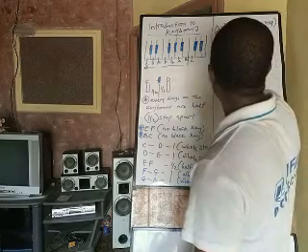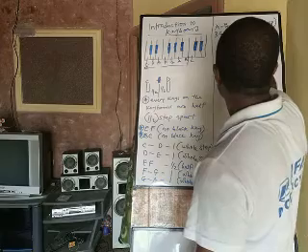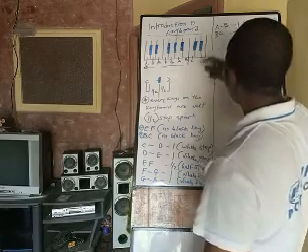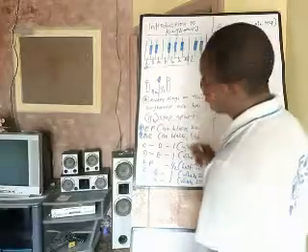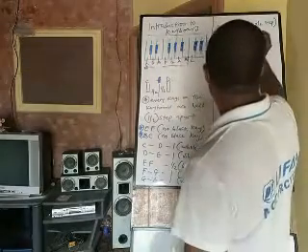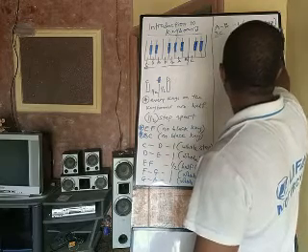Between B and C is what? Half step. Why? Because there is nothing in between them. There's no black key in between them. That's why I drew it on the board.